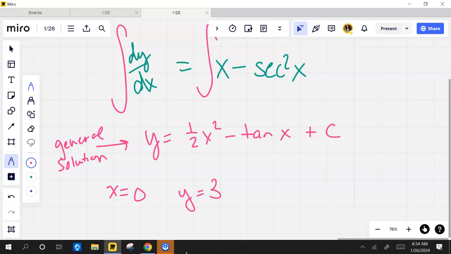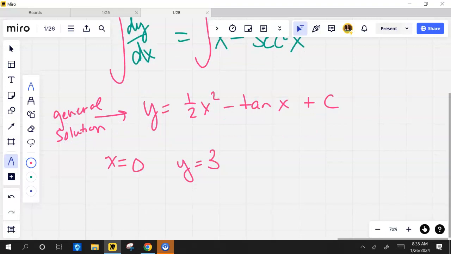It's just a plug-in. I need to plug it in and solve for what? C is 3. Tan 0. Oh, my bad.